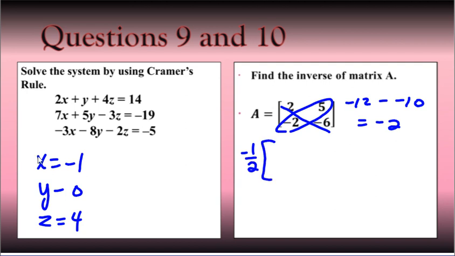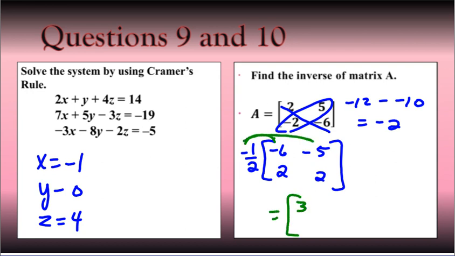it by, and here's where I have to remember to flip the numbers, the A and D, so negative 6 and 2, they flip, and the other two I keep the same, but I do the opposite signs. So it'd be negative 5 and then a positive 2. And then I just multiply like a scalar. So negative 1/2 times negative 6 equals 3.